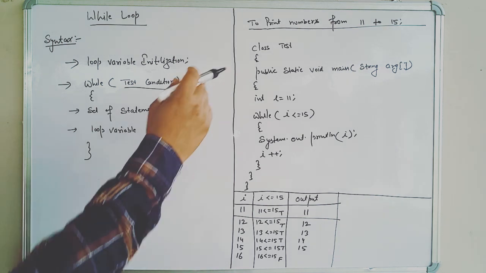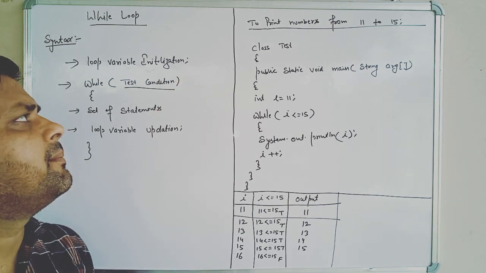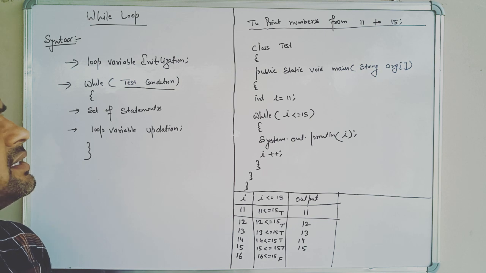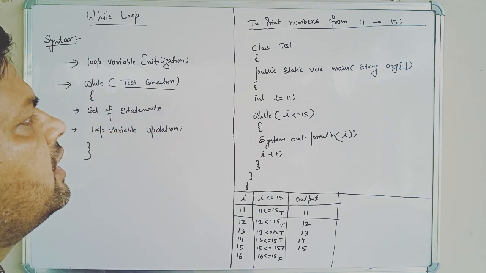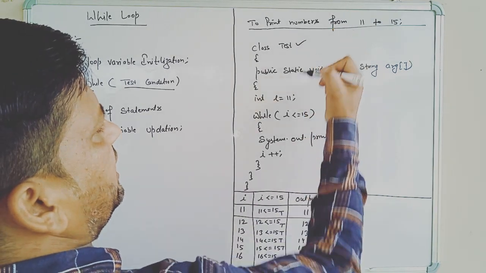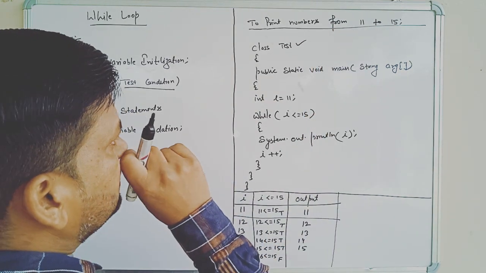Now, if you see the first sample program: write a program to print the numbers from 11 to 15. You can see that I have written a class Test, then the main method.